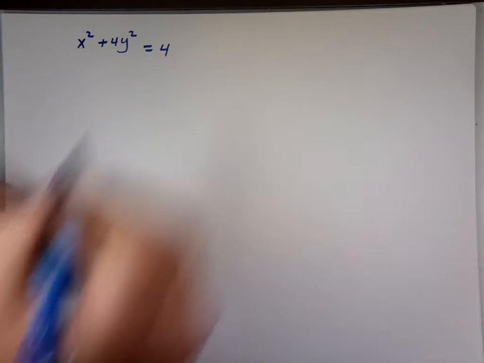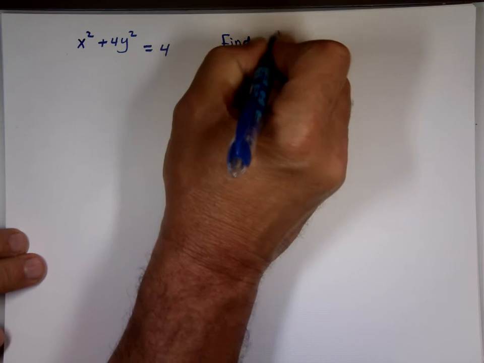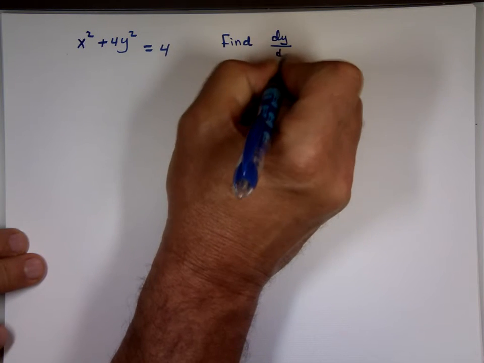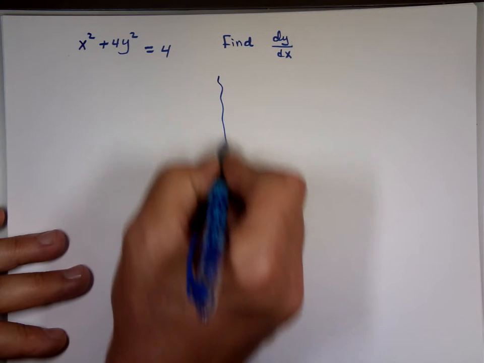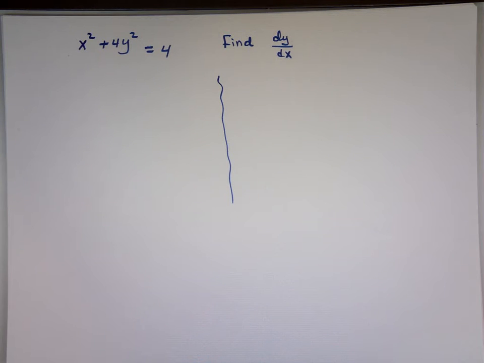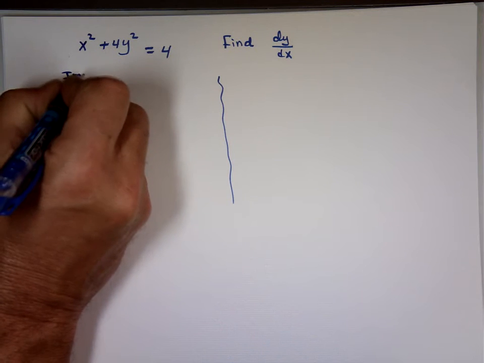Again, find dy dx. Now, you have two options here. I'll do implicit and I'll do explicit. I'll do it twice. Let's say the implicit.